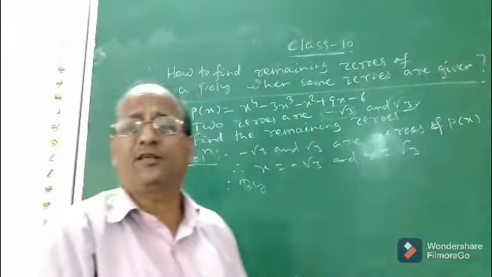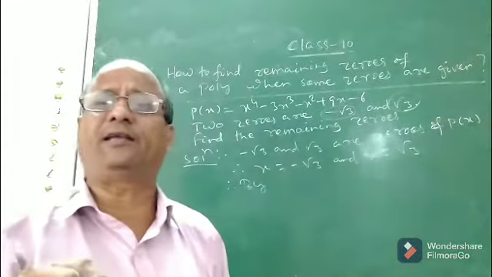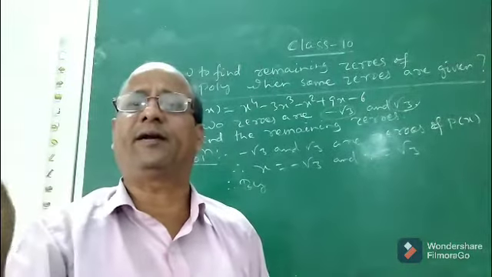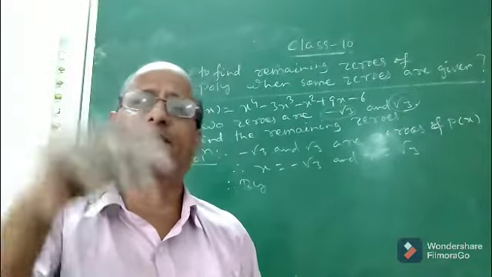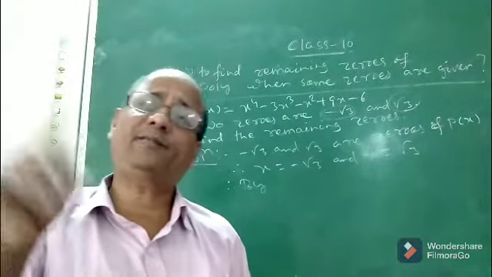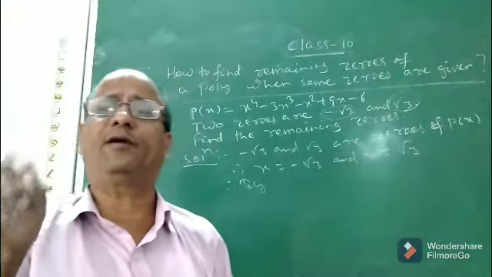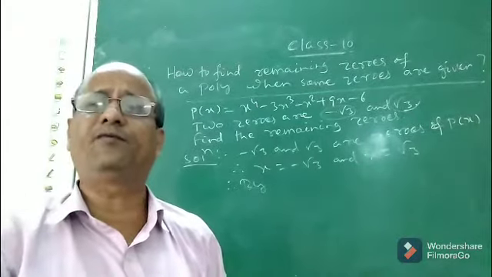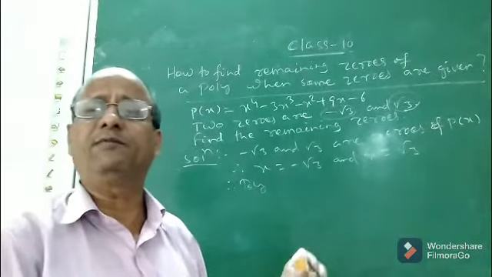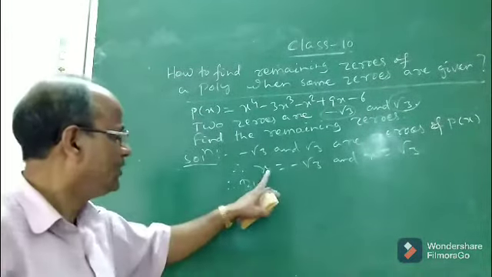What was the factor theorem? There were 2 statements in class 9. If p of a, remainder, equal to 0, then x minus a is a factor. And if x minus a is a factor of the given polynomial p of x, then p of a will be equal to 0. So that concept we will use here.